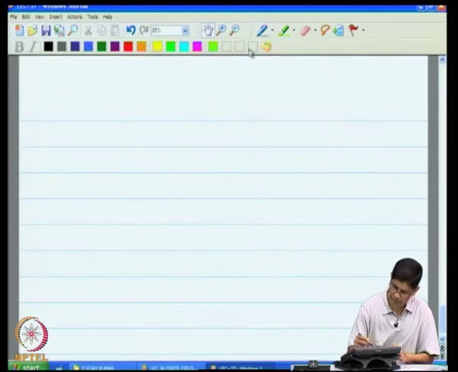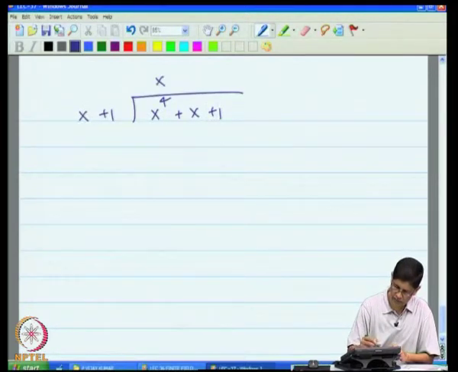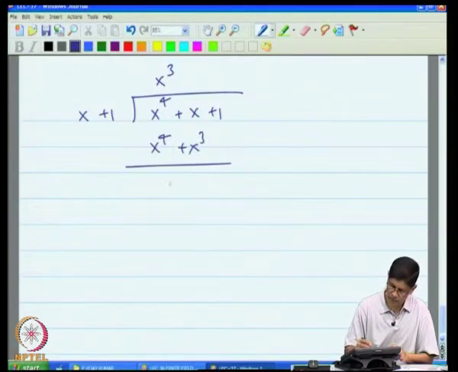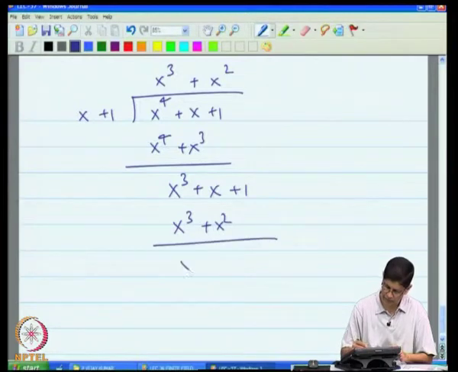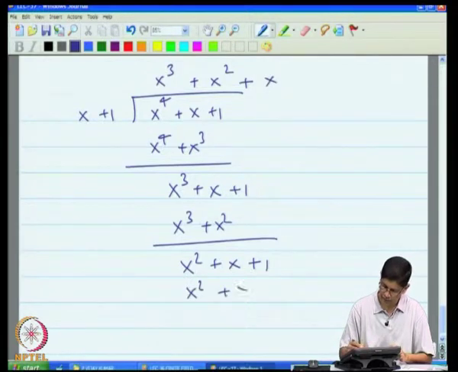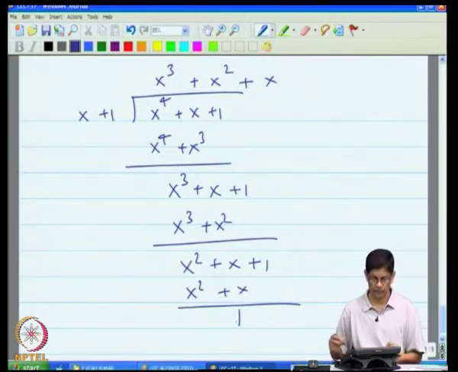Dividing x^4 plus x plus 1 by x plus 1, you get x cubed; x^4 plus x cubed leaves x cubed plus x plus 1; then plus x squared, x cubed plus x squared leaves x squared plus x plus 1; then plus x, x squared plus x leaves 1.